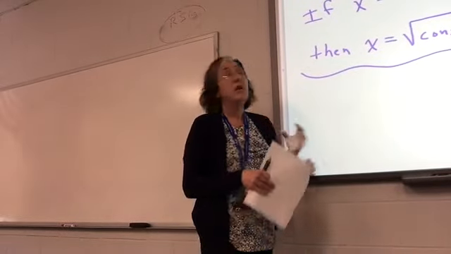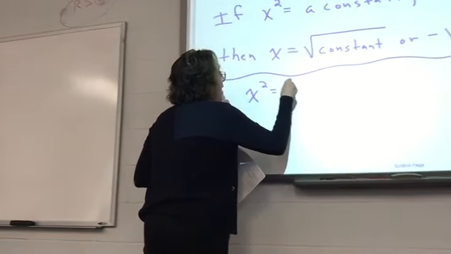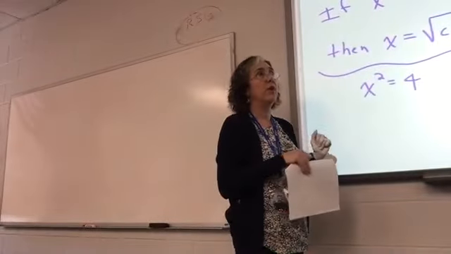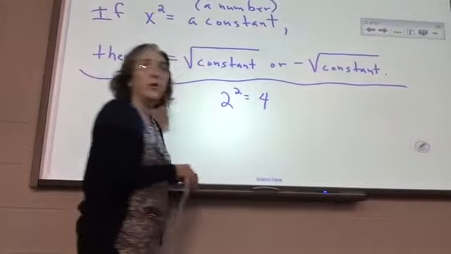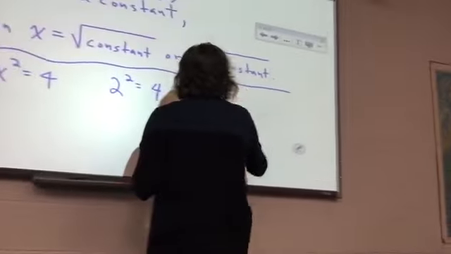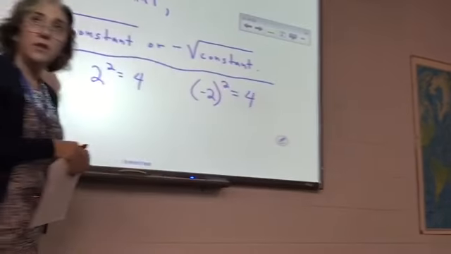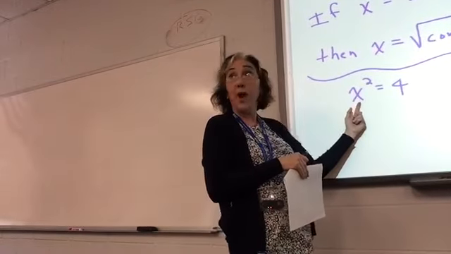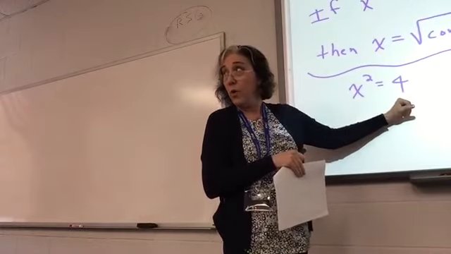Okay? So let me just look at something where you could solve without ever even knowing a method. What squared is equal to 4? 2. 2 squared is equal to 4, right? What else? There's another number whose square... -2. Does everybody agree with that? Those are the two numbers whose square, that's what this equation says, is equal to 4.